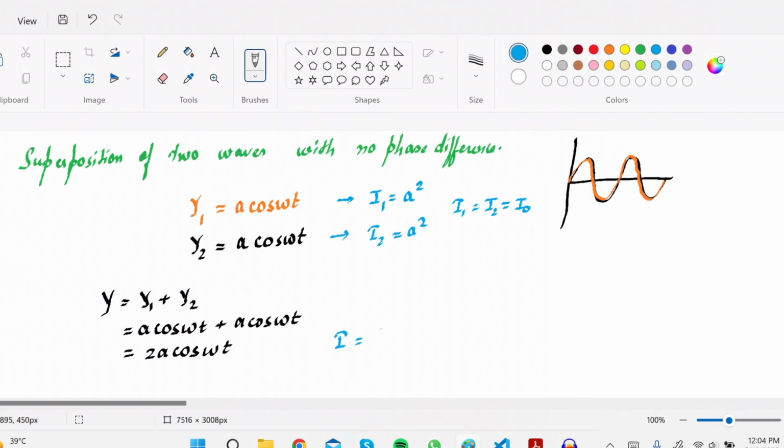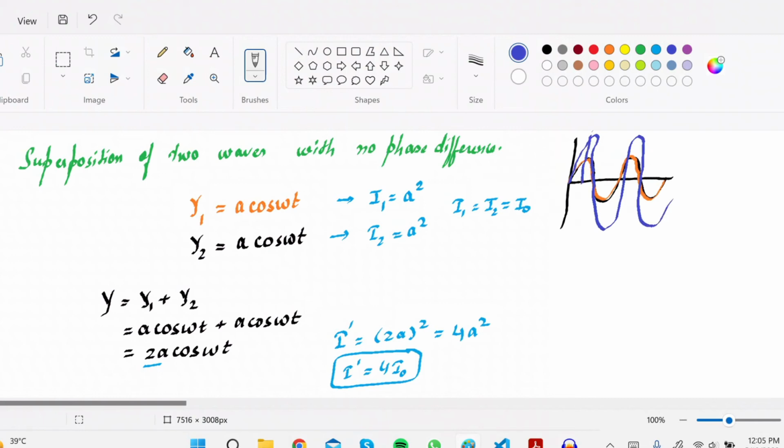It will be amplitude squared. What's the amplitude? 2a. So that equals 4 times a squared. And what is a squared? I0. So the resultant intensity I prime equals 4 times I0. That's the beauty of the superposition principle: if you take two waves with amplitude A and combine them, the resultant amplitude of the wave will be double the initial amplitude.